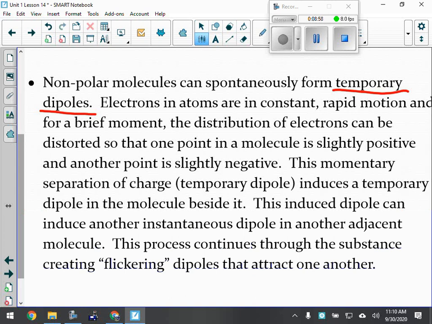Well, because there's always a negative end and a positive end to the molecule, right? Polar, HCl. There's a partial negative, there's a partial positive. We know which one's negative, we know which one's positive. What about in a nonpolar molecule? Is there a difference in electronegativity in a nonpolar molecule altogether? No, right? So we don't have that partial negative and partial positive, but they form them spontaneously, okay?